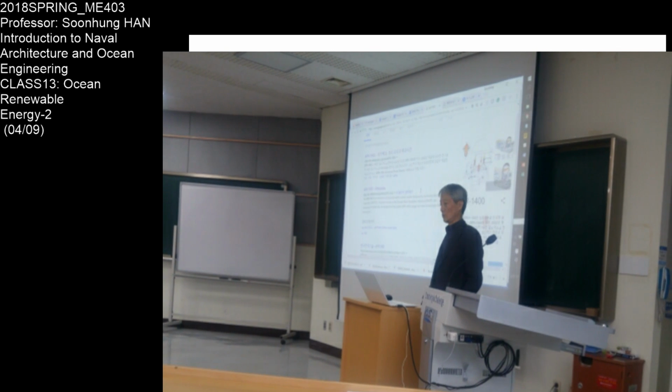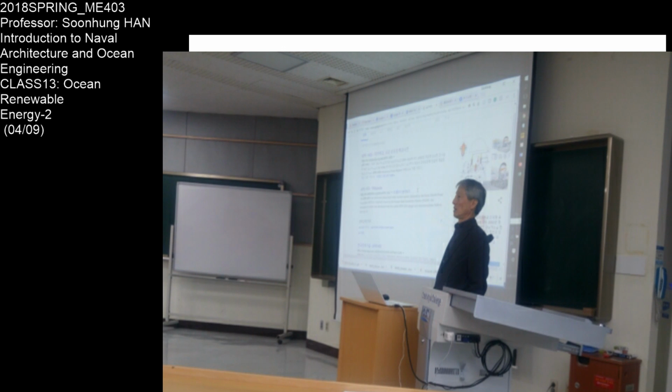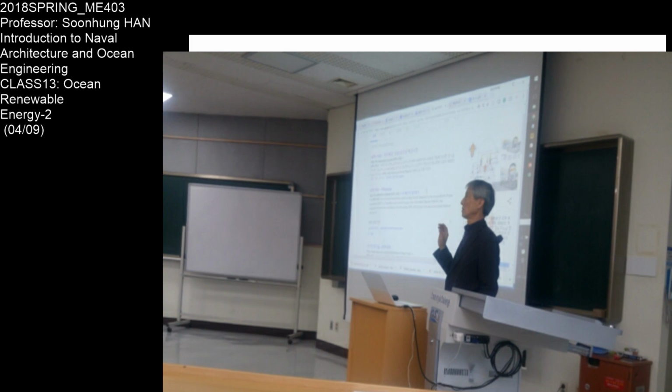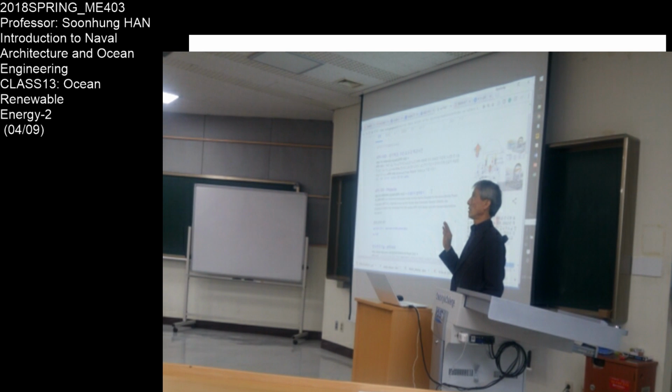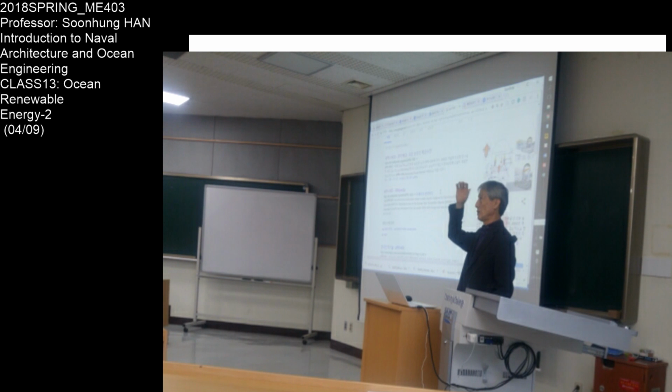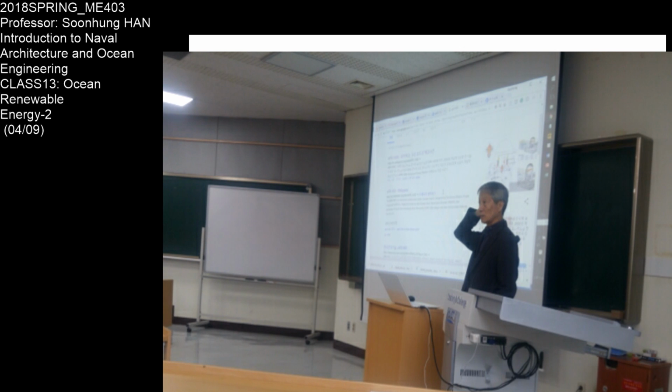So I want you to see the scale of power generation, because usually the energy density is low for renewable energy, say wave power or wind power. The biggest wind power generation in recent years is about 5 megawatts.